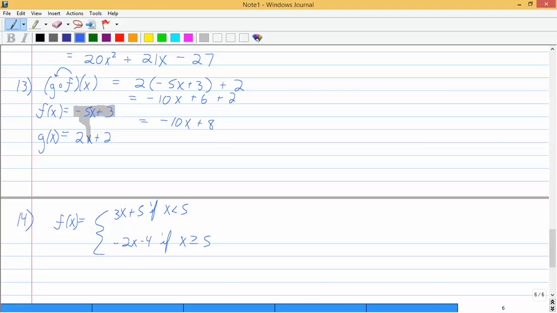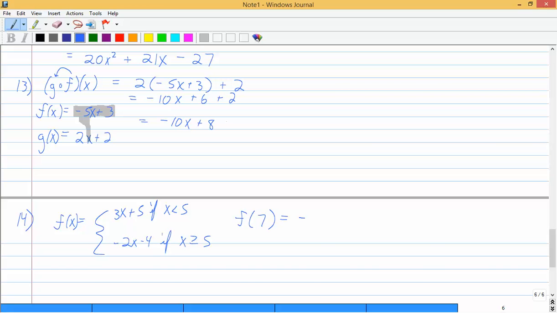Alright, so it's all about what you're plugging in with a piecewise function. This problem says we want to find f of 7. So this number here will tell us which equation to use. So is 7 less than 5 or is 7 greater than or equal to 5? Of course it's greater than 5, right? So since 7 is greater than 5, we use this bottom equation and plug in a 7.